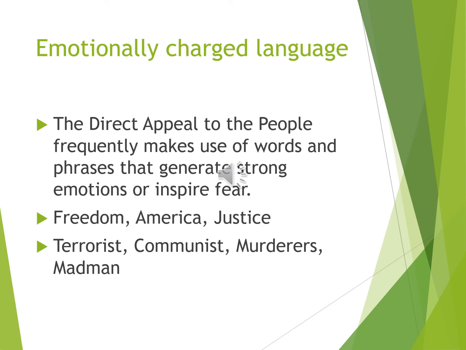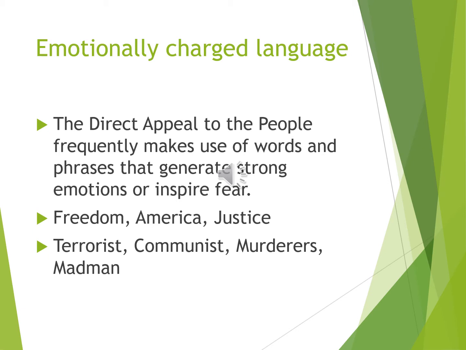The direct appeal to the people is often effective because it uses emotionally charged language, words that inspire strong emotions or that inspire fear. So you can use emotionally charged language to associate positive emotions with what you are in favor of. Words like freedom, America, justice, these resonate positively with a crowd and can be used to manipulate a crowd towards an idea you want them to accept.